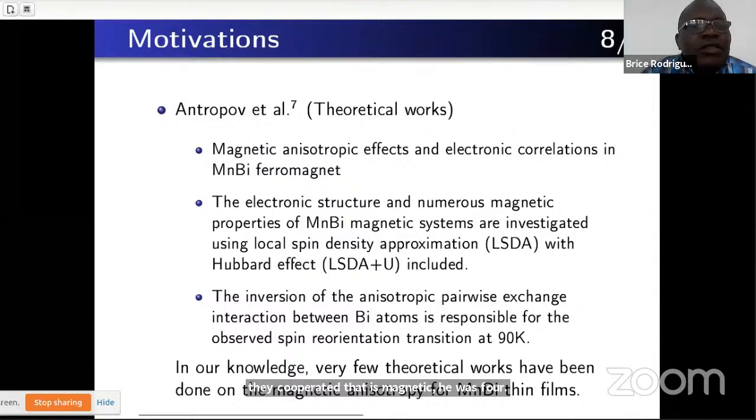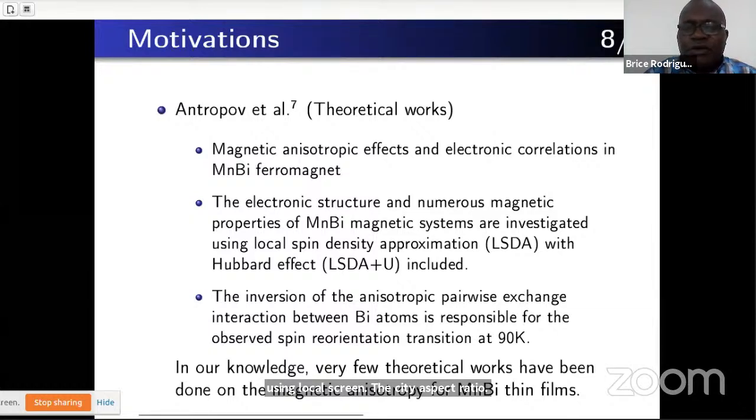Theoretically, Antropov et al. studied the magnetic property effect and electron correlation in the MnBi ferromagnet. The electronic structure and numerous magnetic properties of manganese bismuth magnetic systems were investigated using the local spin density approximation with the U-bar effect.